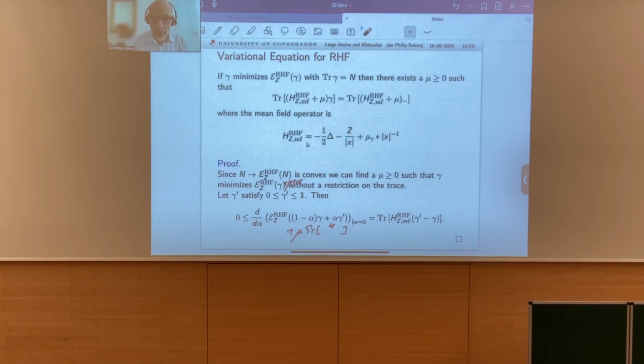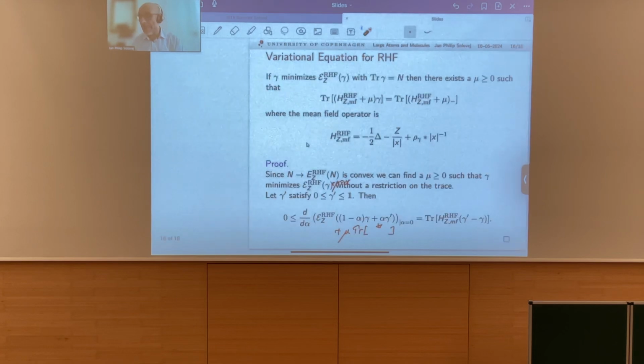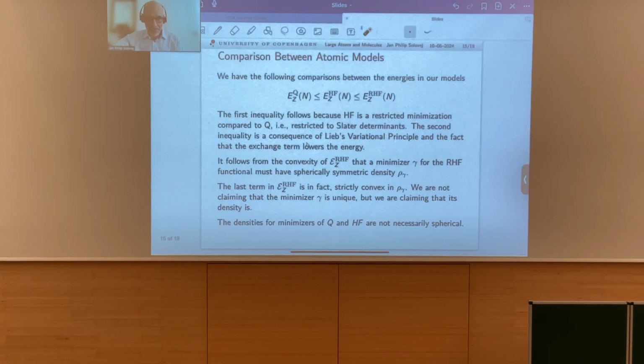Yeah, thanks a lot. So I will get to that later on. I will tell you exactly. What I did now was this simple comparison, right? That the quantum energy is smaller than the Hartree-Fock, which is again smaller than the reduced Hartree. I will actually in one of the next lectures show a lower bound on that compared to the reduced Hartree-Fock.